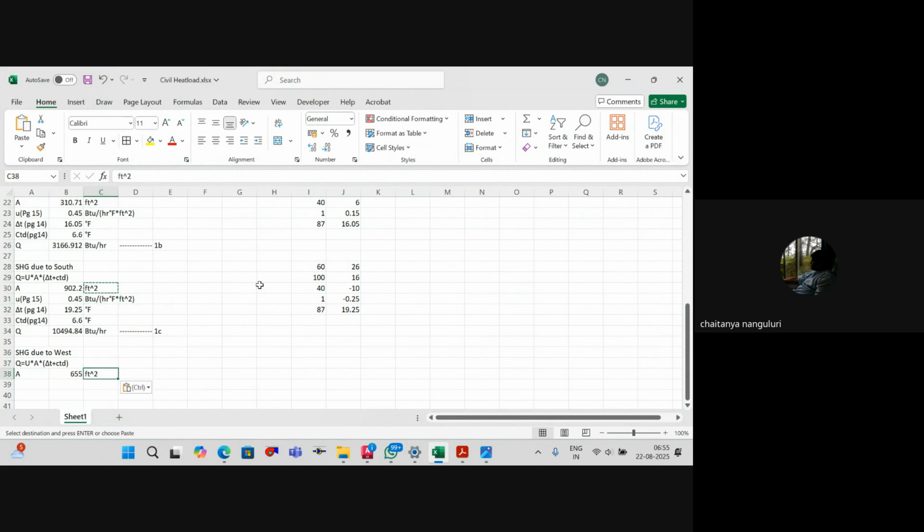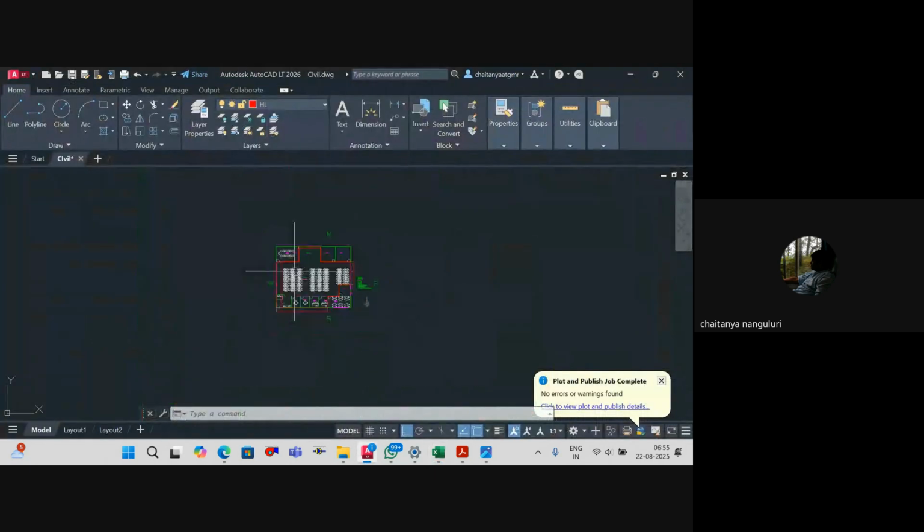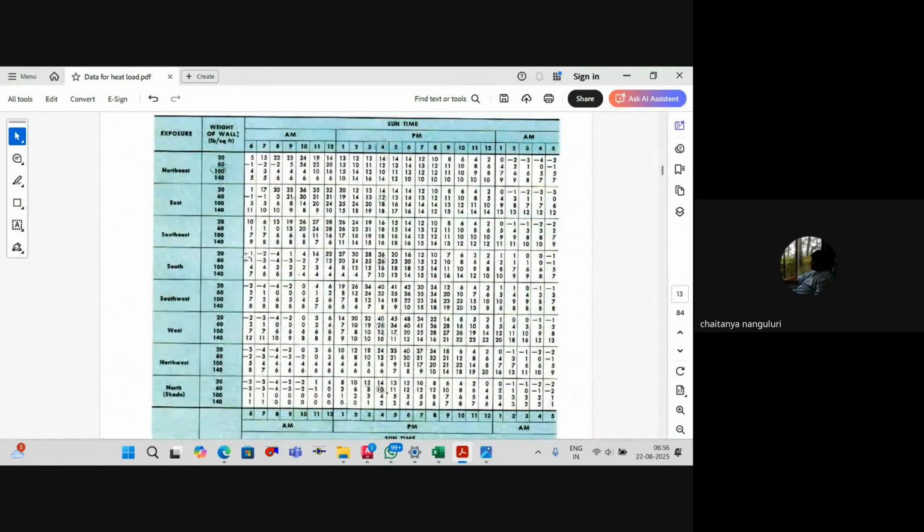Then again, we'll calculate the U factor, which is the same, so I need not worry. Delta T we have to calculate, and CTD we have to calculate. But anyway, this delta T will change. So delta T is the equivalent temperature difference. We can use this particular one. Now, what is the direction? West. Sorry, west. How much is it? 12 and 10.